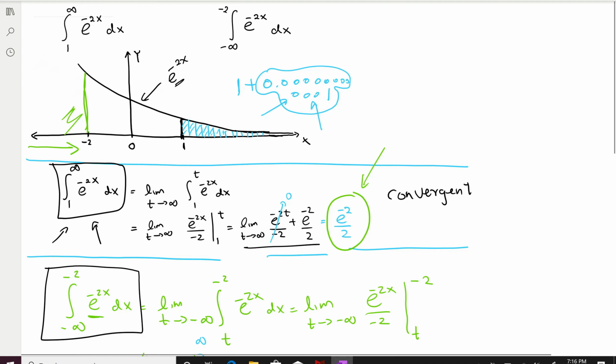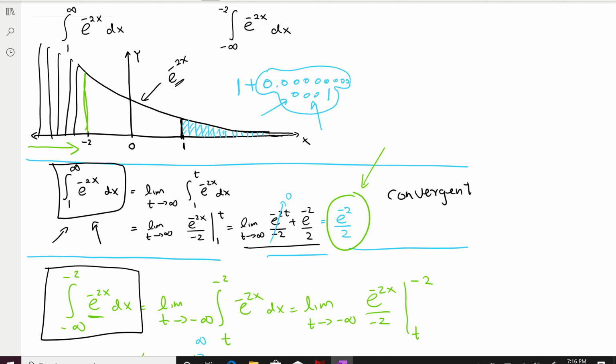If you divide that region into tiny rectangles, the areas of the rectangles are getting bigger and bigger, so the total area, the region is infinitely large, the area is infinity. So that's what it means for the improper integral to be divergent.